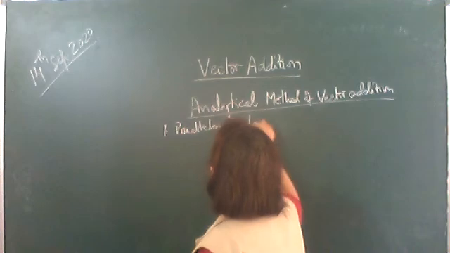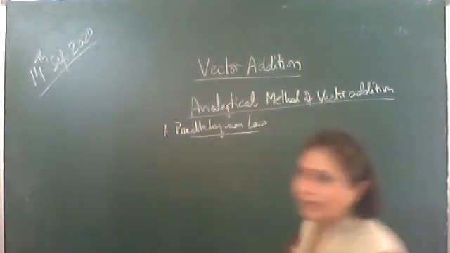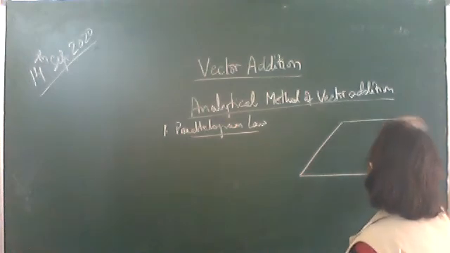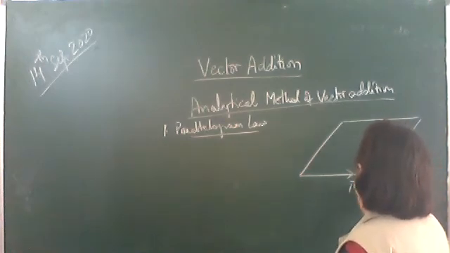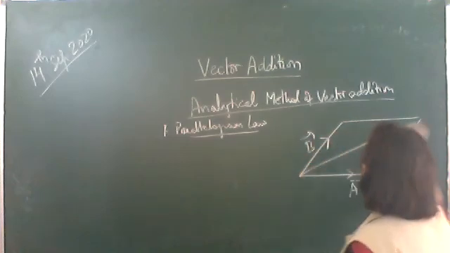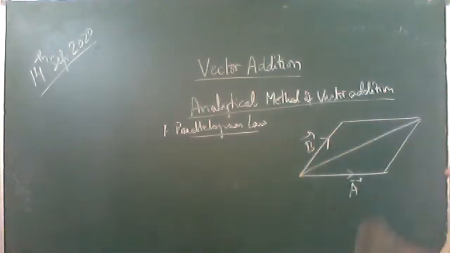The parallelogram law we are discussing here. We'll find out the resultant. Now let A and B vectors be represented by the adjacent sides of the parallelogram. Then we know that the resultant is given by the diagonal. This is the R vector according to the law of vector addition we have studied.